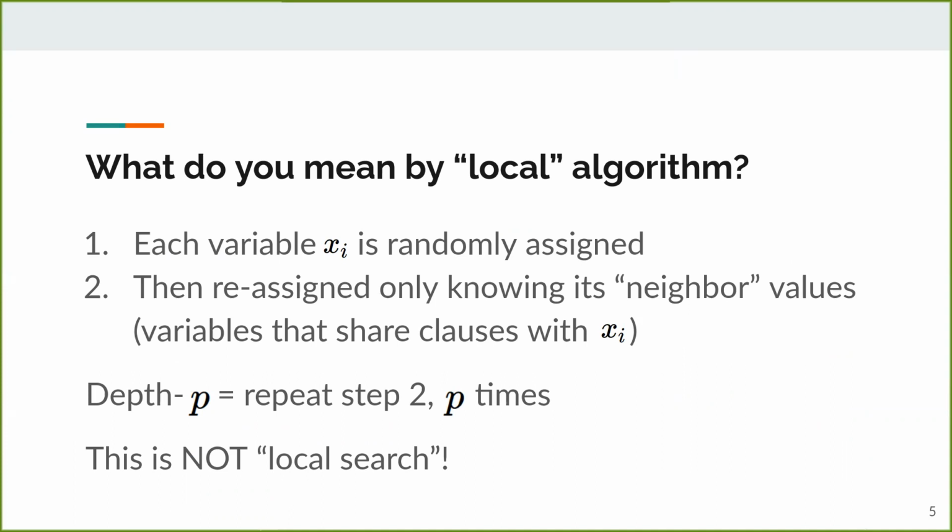So it's local in the sense of the graph picture of this constraint satisfaction problem. And you might hear something like depth P algorithms or P local algorithms. Usually I mean that you're repeating the second step P times. This definition can work for both quantum and classical algorithms.